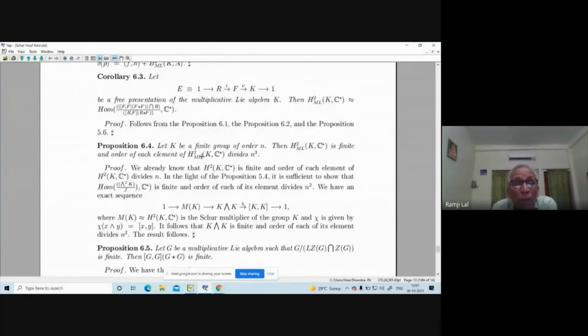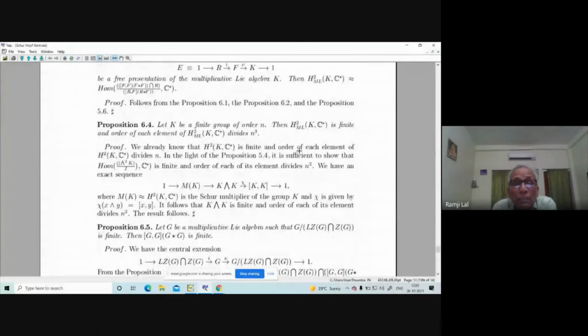We had that P bar map whose kernel is this K. If we use this, and the already proved fact that for the Schur multiplier H2KC star all elements divide the order of the group K, then you can easily see that the elements of this divide this.